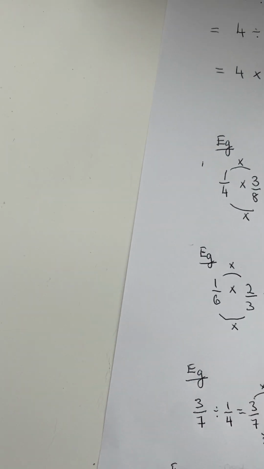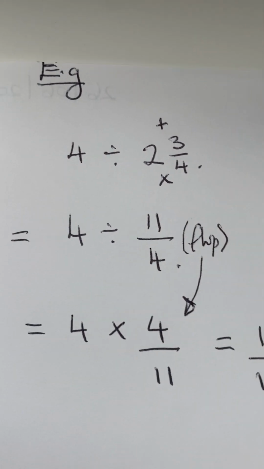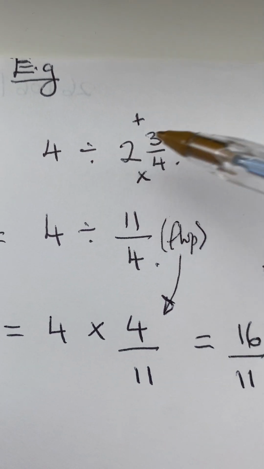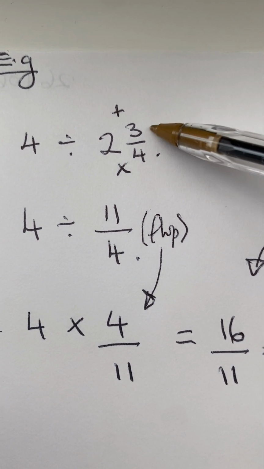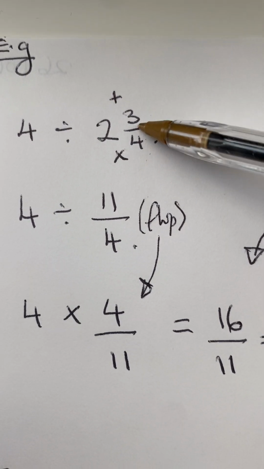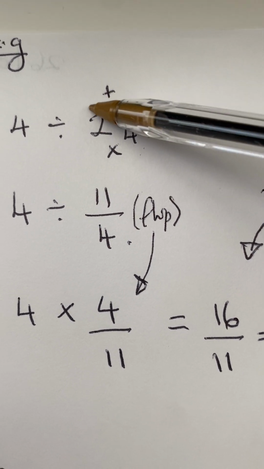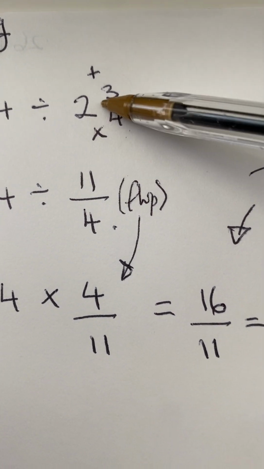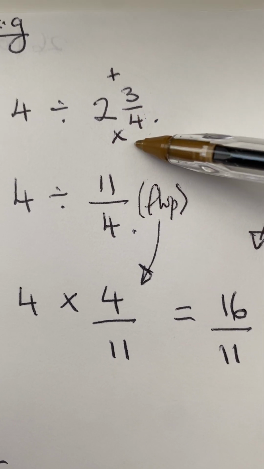I hope I'm making sense to you. So let's have a quick look at our first example here. We have 4 divided by 2 whole number 3/4. Now this is a mixed fraction. We saw that in one of the videos, a whole part and a fraction part, which we can change into a top-heavy fraction.